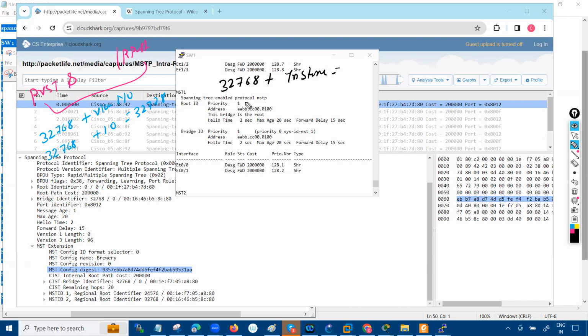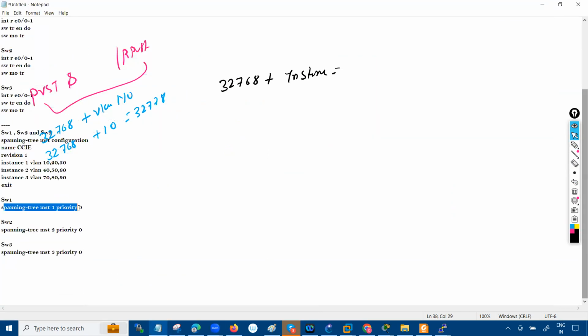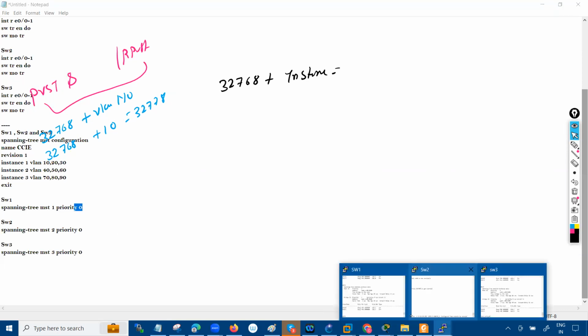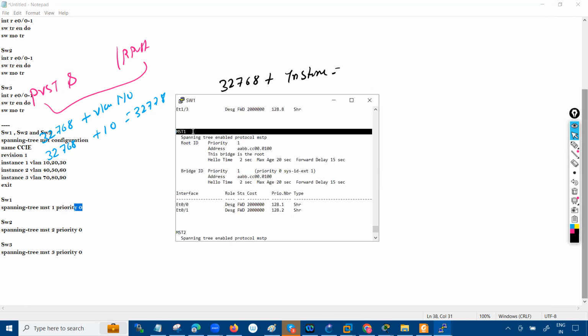So why is it showing the 1? The reason is that if you remember, we did this configuration, right? That's why it's showing 1, 2, 3, because we changed the priority for this guy, right? So if you see the priority of switch 1, the MST number 1 is what?